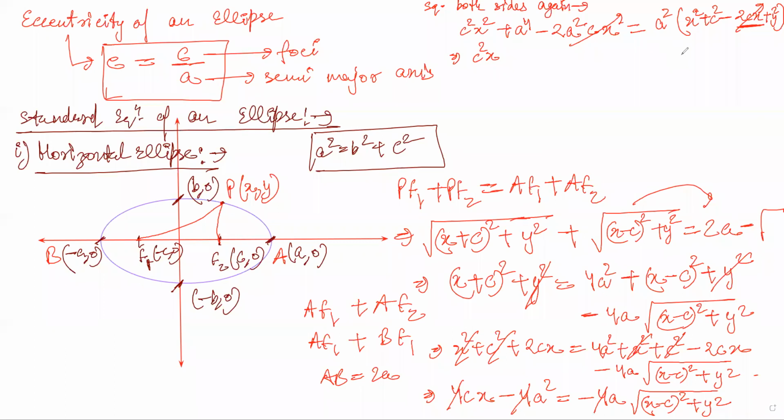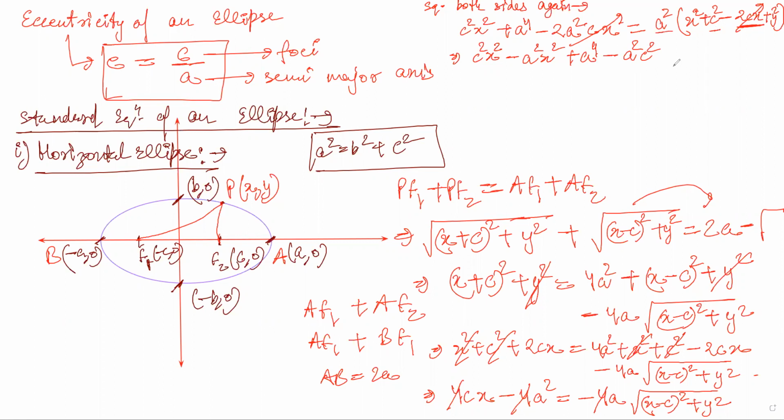Yeah, only these two terms. Then you'll have c square x square plus a to the power 4. You can also take out minus a square x square here towards this side, plus a to the power 4 minus a square c square.